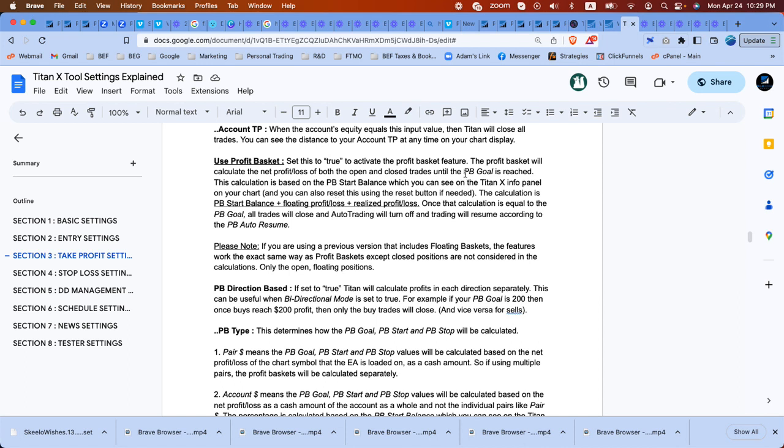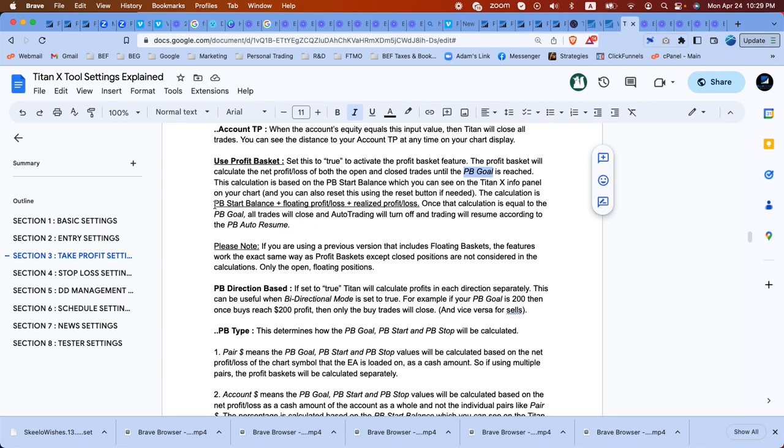Well, your profit basket goal might be set to $3,000, but you're still at a net profit loss of minus 1,000. I think it was 3,000, right? It still needs to be at that $3,000 of net profit in order to close all trades, right?